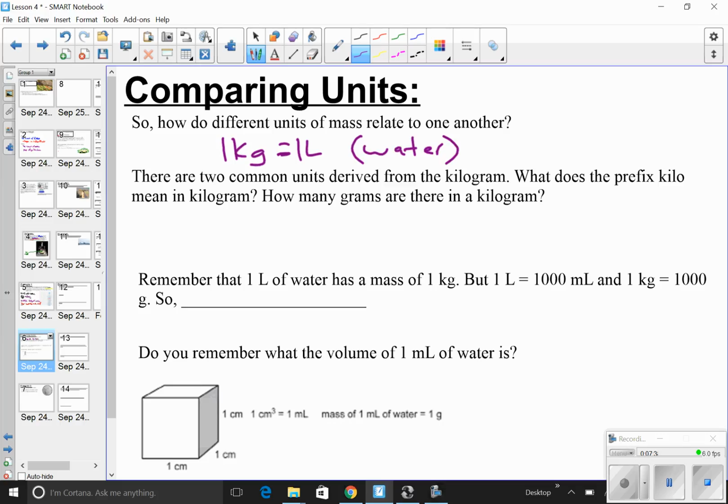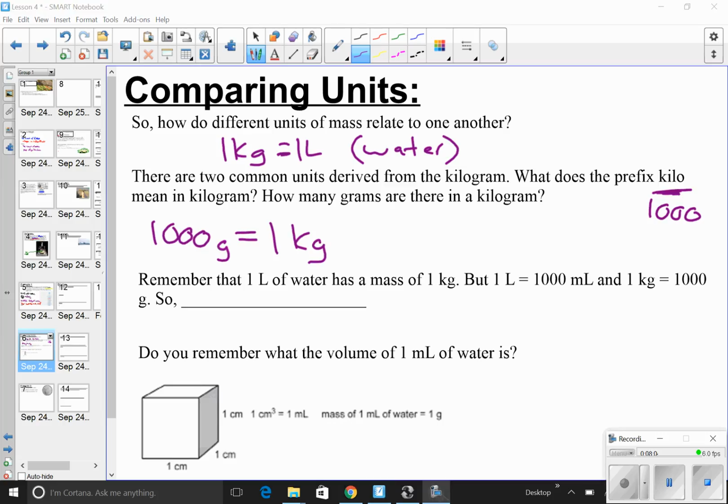If you're talking some sort of other liquid, it won't be exactly the same. Now, the prefix kilo means 1,000. We talked about that earlier. So kilogram means 1,000 grams. So 1,000 grams equals 1 kilogram.